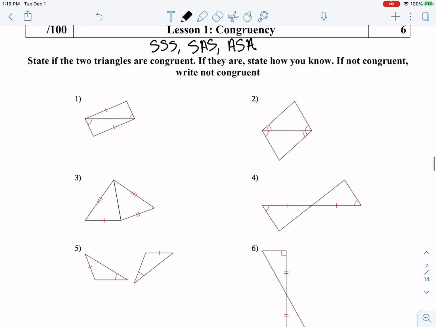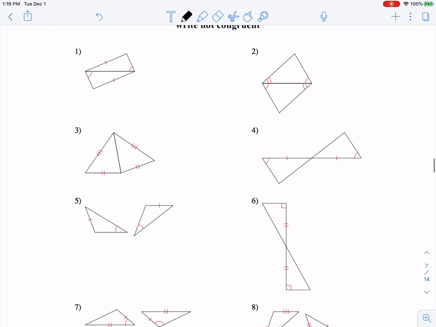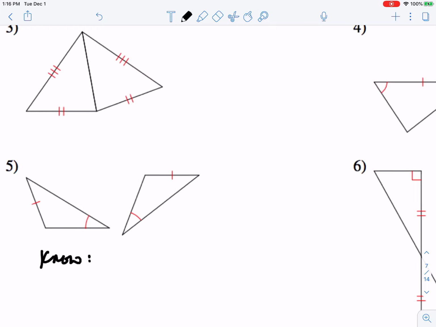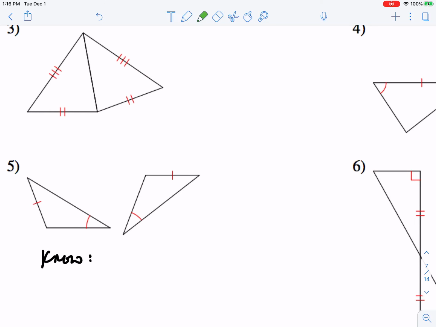The first question I'm going to look at is one where the triangles aren't touching, right? Because what we have is what we got. We can't add anything. So 1 is touching, 2 is touching, 3, 4 touching, 5 is not touching. Okay, so what do I know? I have a side mark and a side mark, so I know two sides.